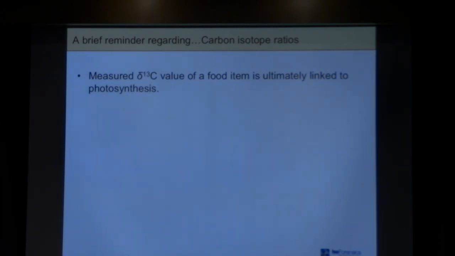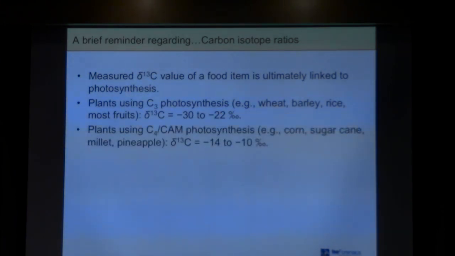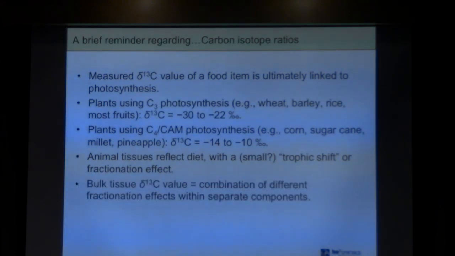A lot of it is linked to photosynthesis, where you have C3 plants with a distinctly different isotope ratio from C4 or CAM plants. Whatever an animal is eating is going to impact the isotopic composition of its tissues. So diet comes into play here, and we just talked about the fact that a bulk tissue is going to be a combination of all different components. So you want to think about the components that you're interested in analyzing. None of this is new, right?